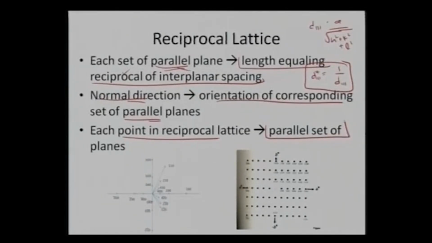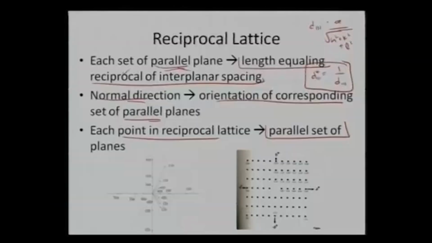All the planes like 100, all the sets of parallel planes which are shifted by a particular unit cell distance, I can represent by a single point. Now I know its direction because I have the normal direction, which is the orientation of the corresponding set of parallel planes. I know its magnitude, which is the inverse of the interplanar spacing between those particular sets of parallel planes. So I can define each point in the reciprocal space as a parallel set of planes.